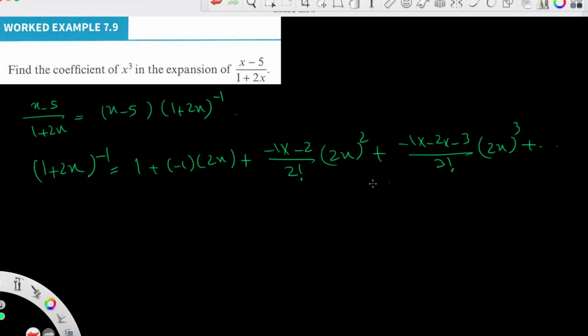The rest is not needed, so it will be 1 minus 2x plus 4x squared minus 8x cubed.